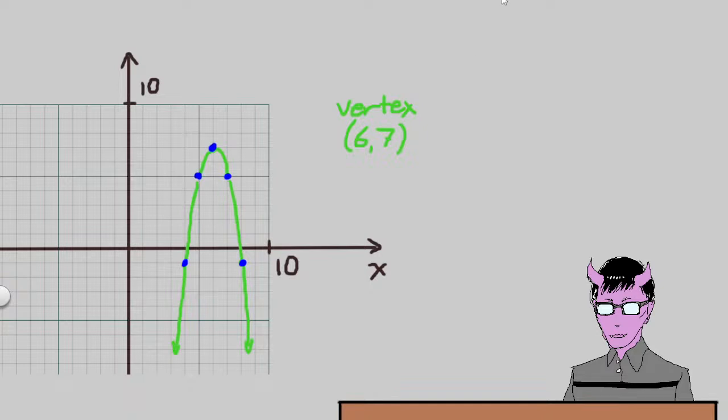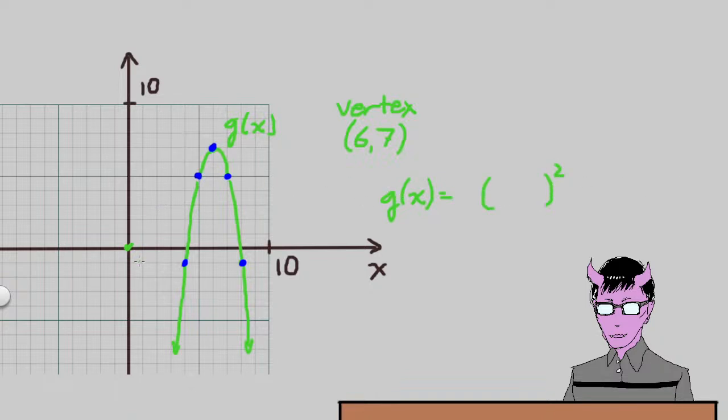So we already know the movement from the standard parent position at 0, 0. It's going to be 6 spaces to the right, and then 7 spaces upwards. So we can already write out our skeletal equation for the function in question. If we call this function g of x, our work in progress is going to be in parentheses squared.